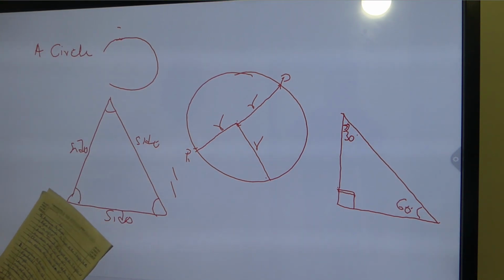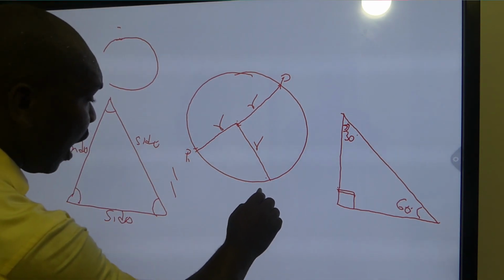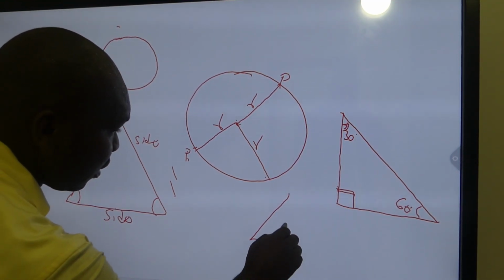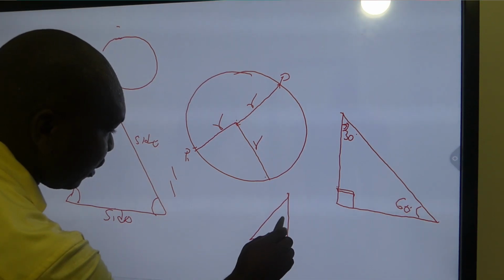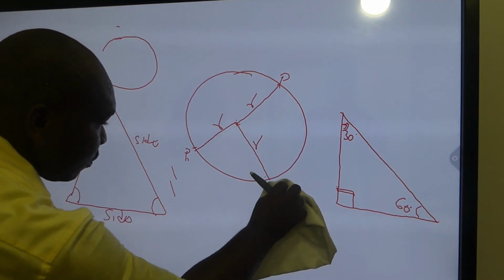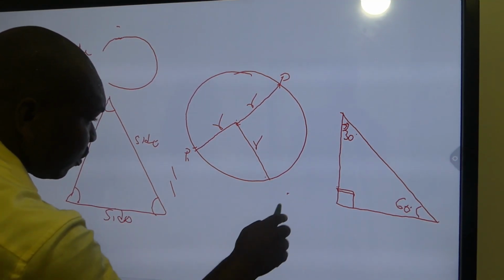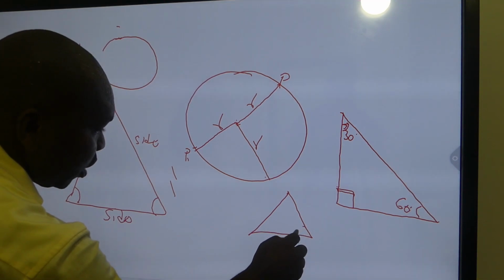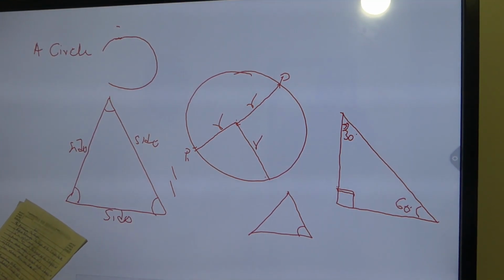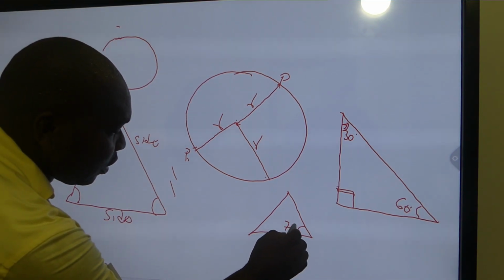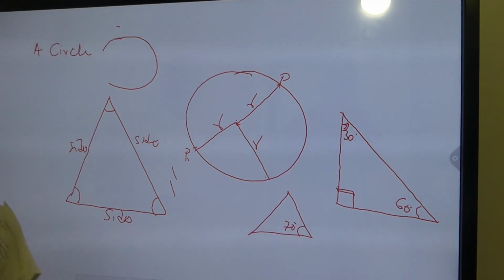Then for an acute triangle, you can have something like this. This place is an acute angle because it's less than 90 degrees. If I have something like 70 degrees, we call it an acute angle because it's less than 90.